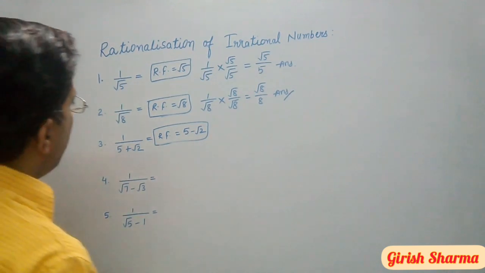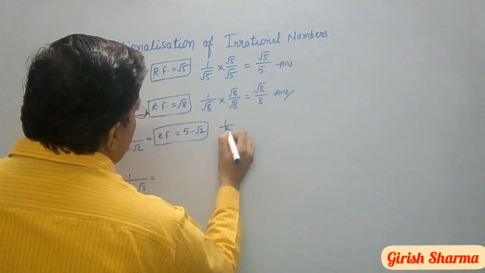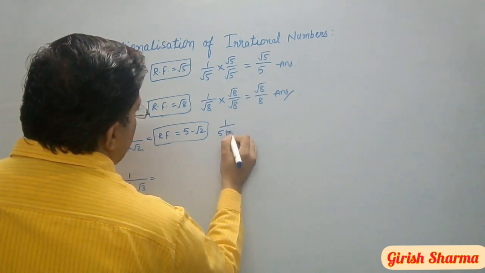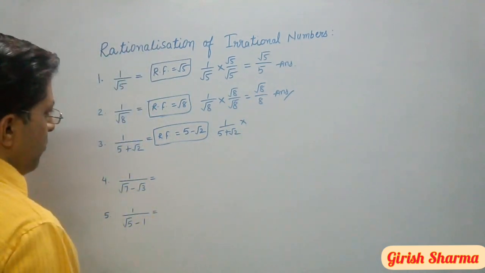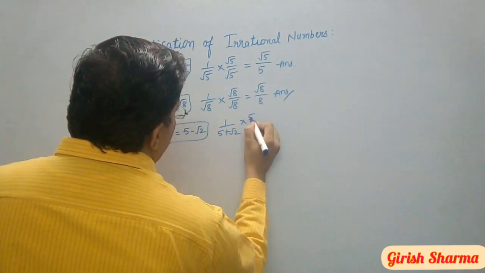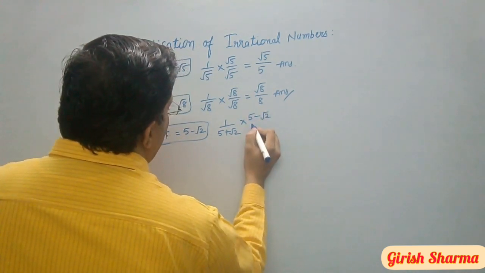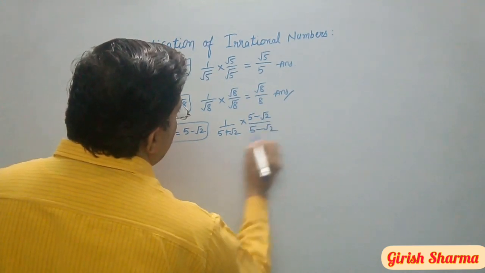It means you have to multiply 1 upon 5 plus root 2 by 5 minus root 2 and divide also by 5 minus root 2.